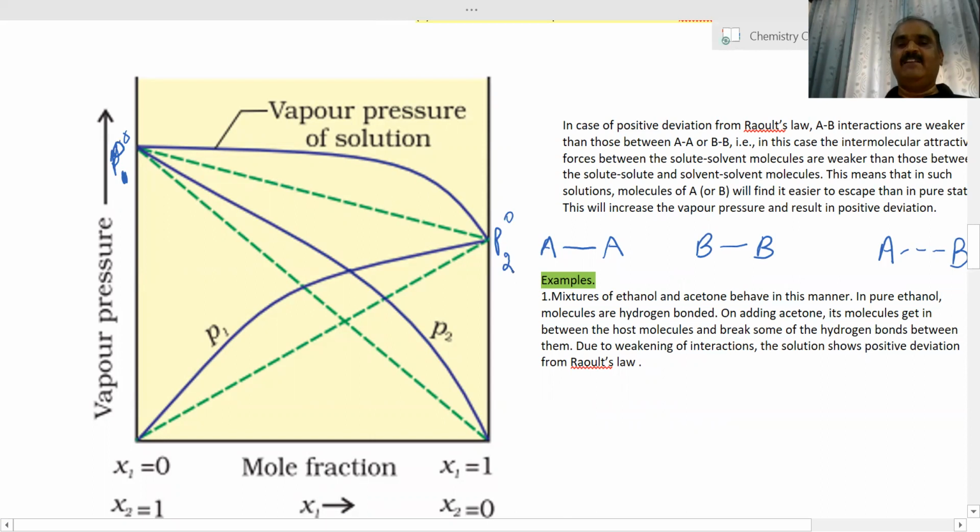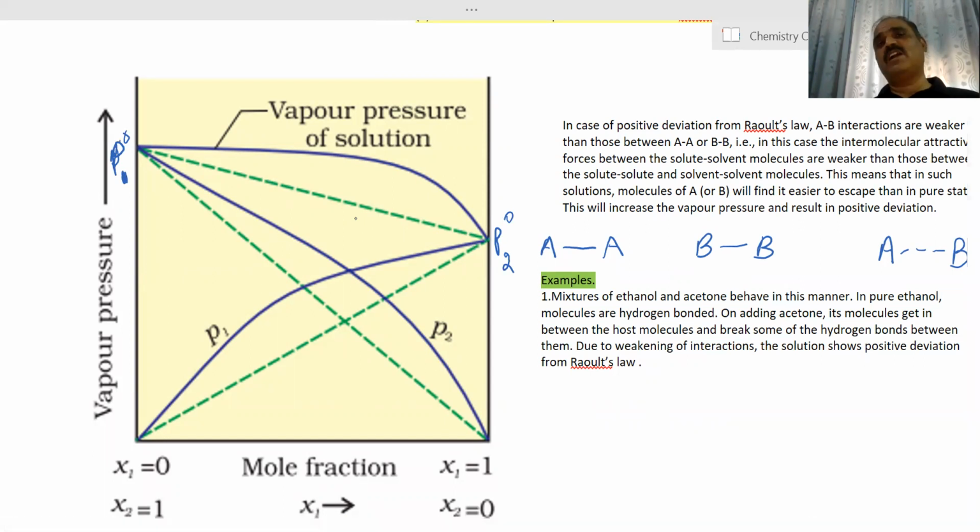Okay. And if everything was fine, if the solution was obeying Raoult's law, this green line was giving the vapor pressure of solution between these two limits. But solution is not obeying Raoult's law. It is non-ideal. It is showing deviation, positive deviation. That is why this blue curve, which is bulging out, is showing the real pressure, actual vapor pressure of solution.